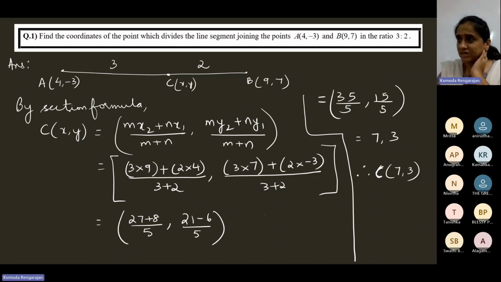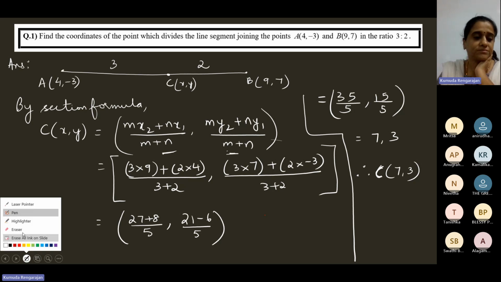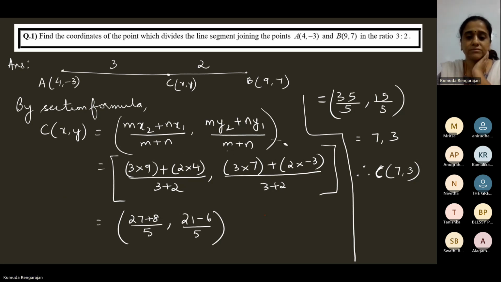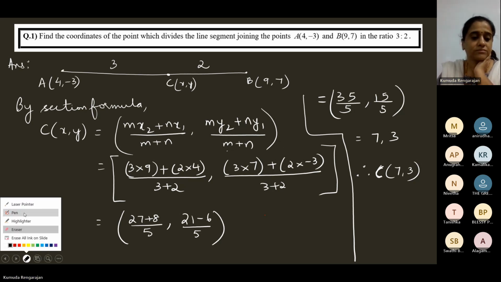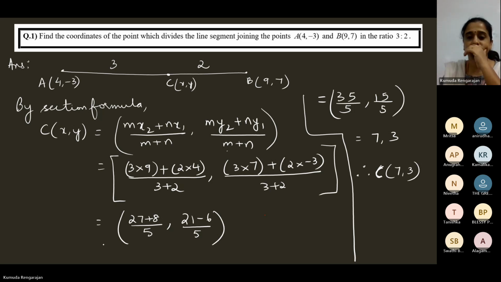So what you see here is the formula. The coordinates of C, x comma y, are given by the formula here. This is the x coordinate, this is the y coordinate, correct? Then substitute and calculate. That's it. Okay, go to the next one.